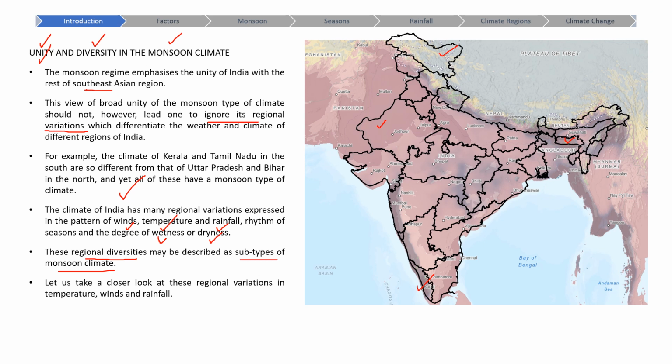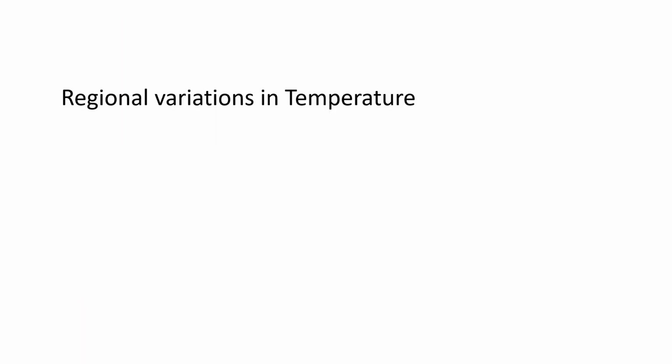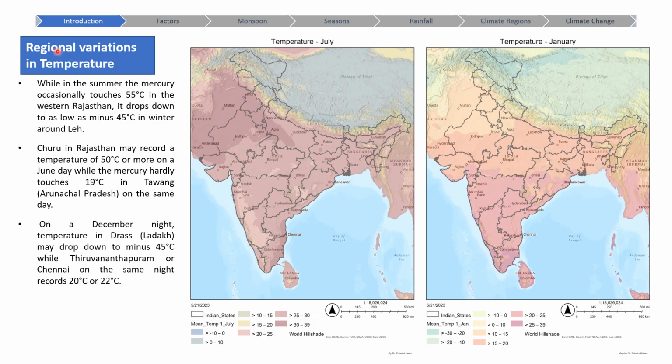So now I will come to the elements of weather, especially the temperature, winds and rainfall. What are the regional variations in India? So here, this is the regional variation in temperature.